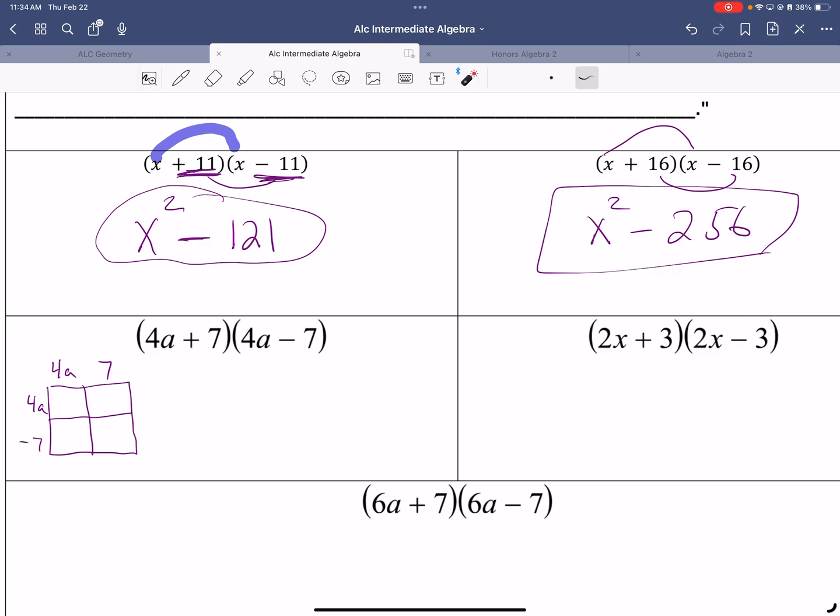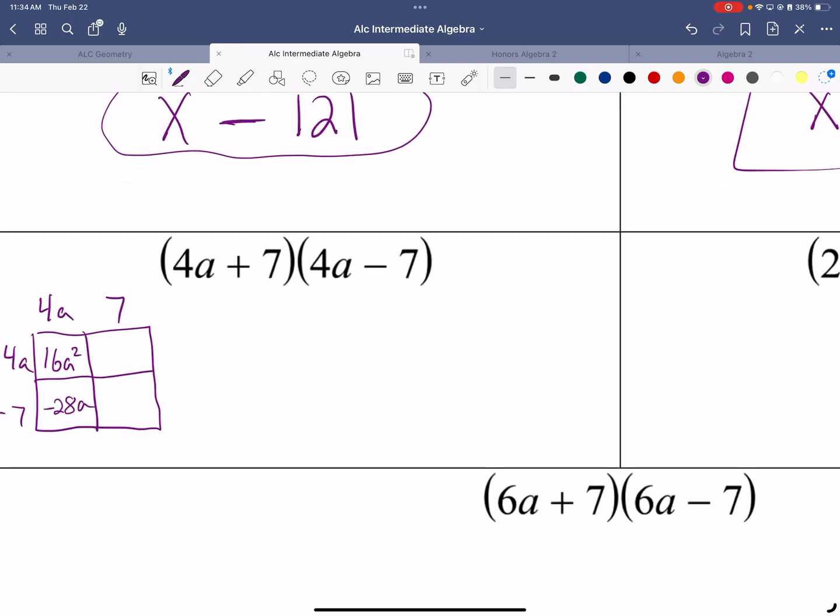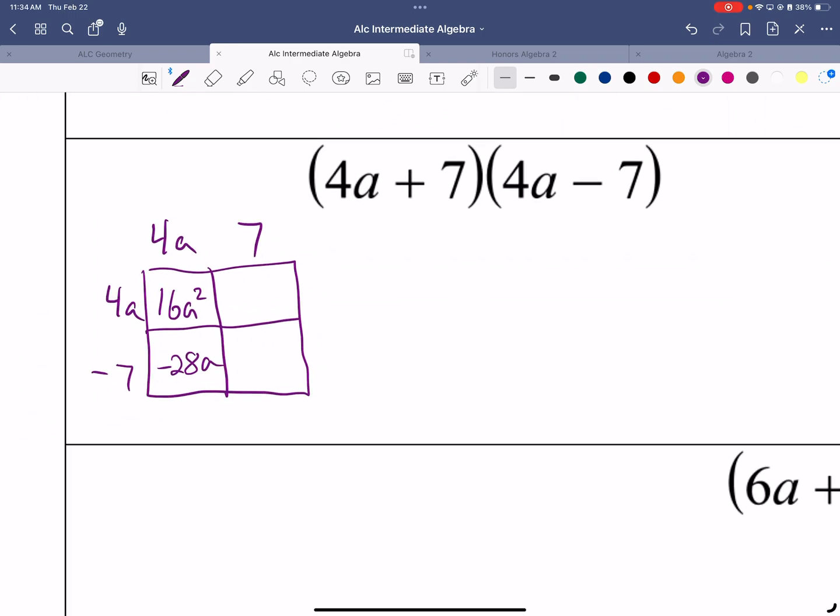So using the box method, 4a times 4a, 4 times 4 is 16, a times a is a squared. 4a times negative 7, 4 times negative 7 is negative 28a. Now we go here and here, so 7 times 4 is 28, so that's 28a, and then 7 times negative 7 is negative 49.